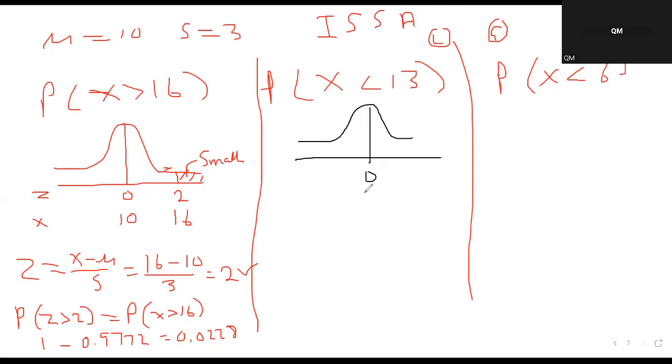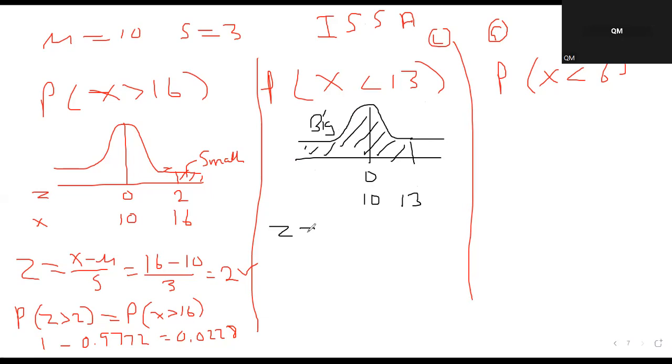We know 0. Our mean is 10. Then let's identify 13. Is 13 this side of 10 or this side of 10? It's obviously on the right side of 10. Then we put our divider there. Then it says less. So step 2, shade. So we're shading to the left side. So what does the shading tell us? The big shading. So when we read, we don't need to subtract, we get it directly.